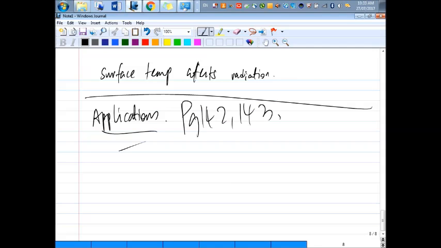Okay? Then I'm just going to skip the heat exchanger. Then we have poor conductors of heat on page 143. Your cooking utensils, we have rubber or plastic handles. Those are poor conductors of heat so that you don't hurt your hand when you pick them up.